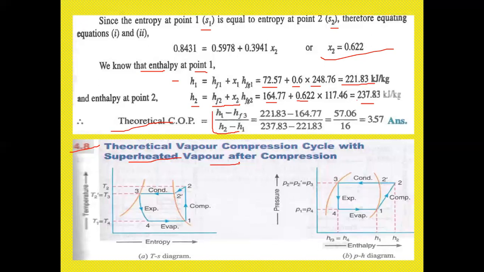Now see the enthalpy here: H1, H2, H3 and H4. H1 is separated, H2 and H3 is equal to H4. Here also you have compression, condensation, expansion or throttling, and evaporation.